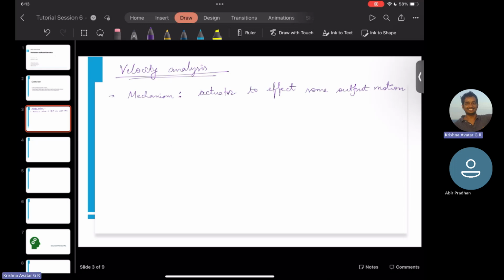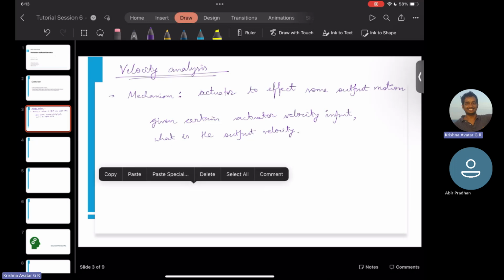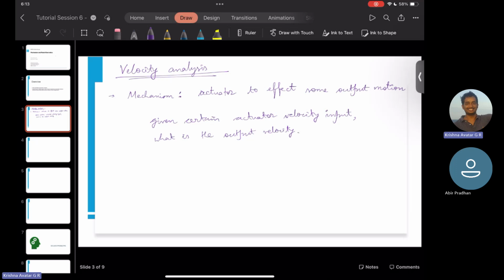So in velocity analysis, given a certain actuator velocity input, what is the output velocity? That's what we are looking at.